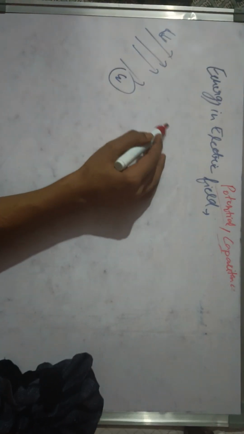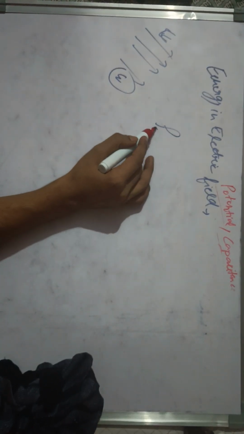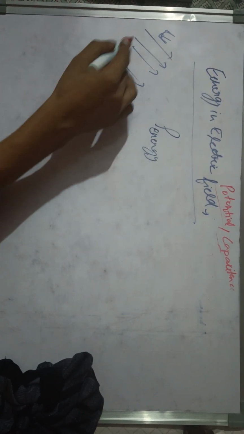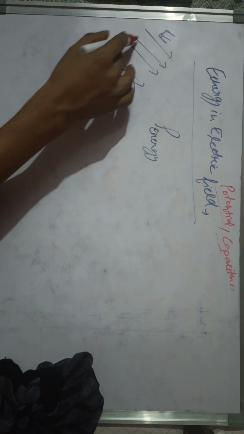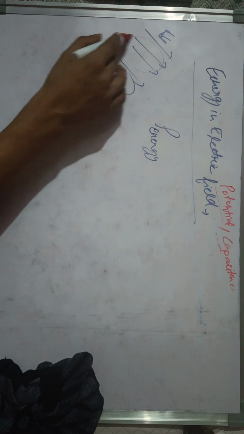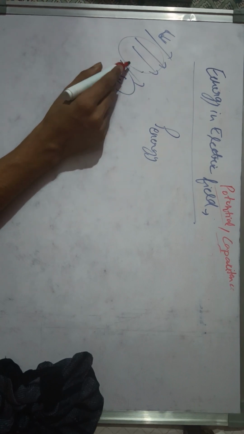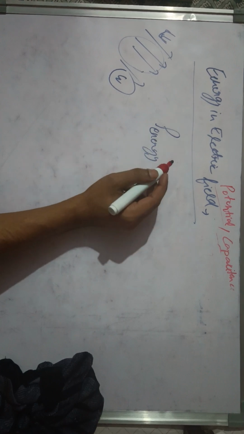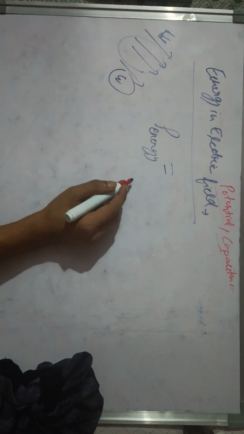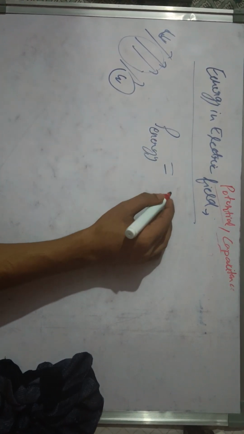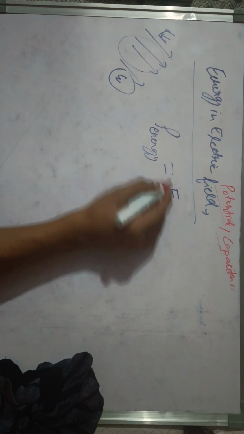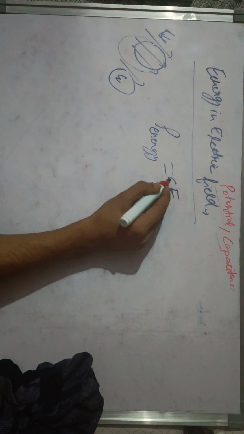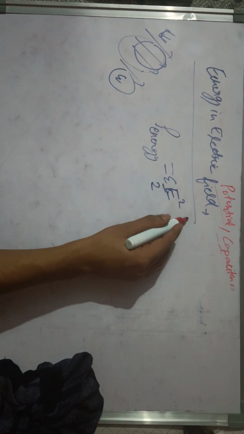The electric field will have some energy in some volume, and the energy density, which I am denoting by rho, of energy in the electric field is equal to 1 by 2 epsilon times electric field square.